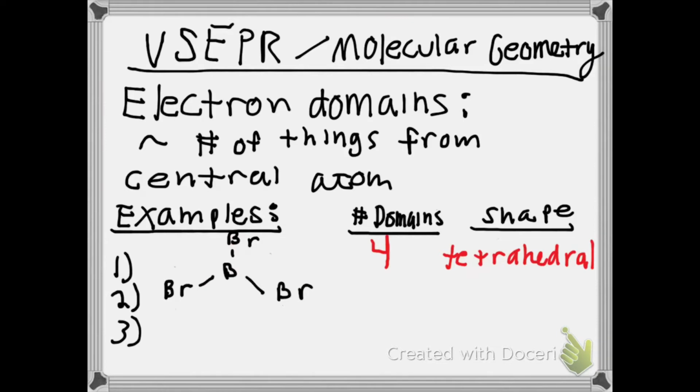The next example that I would like to go over involves this boron right here. And as you can see, you have 3 distinct things coming off of it, which means this has 3 electron domains. Now what's important is you can see there are no lone pairs of electrons coming off this boron, only 3 things.